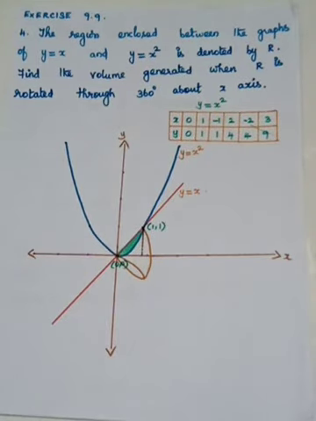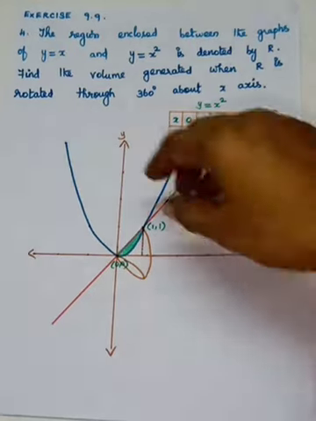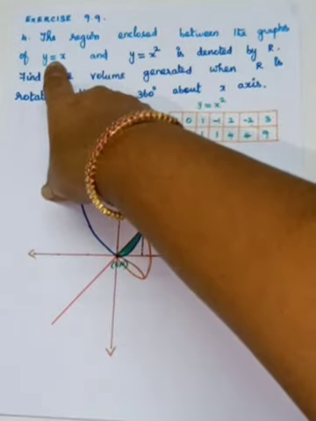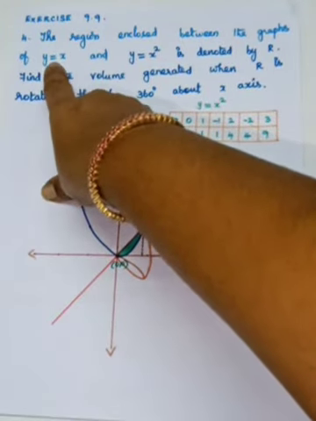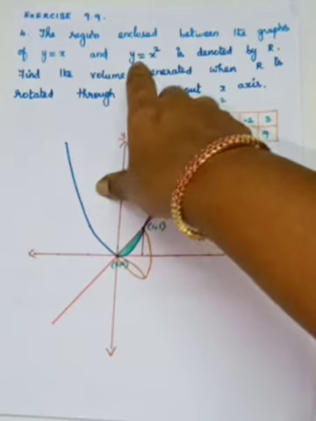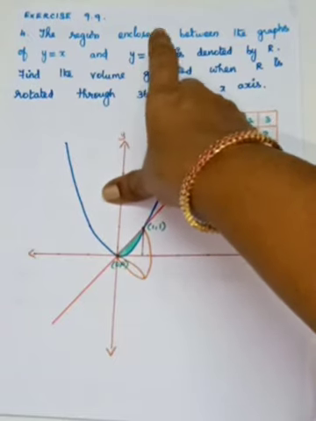You see that the region enclosed between the graphs of y is equal to x and y is equal to x squared is denoted by R. Here one is the line y is equal to x, and y is equal to x squared is a parabola.